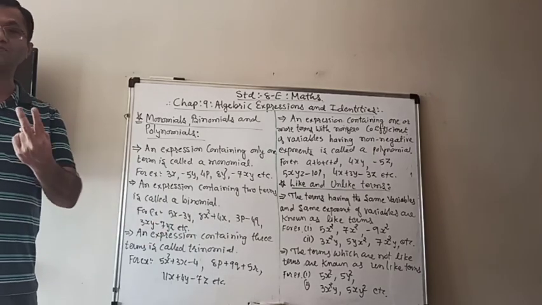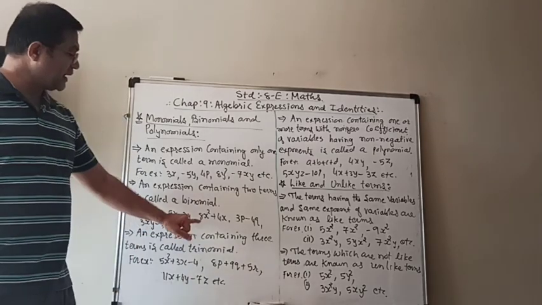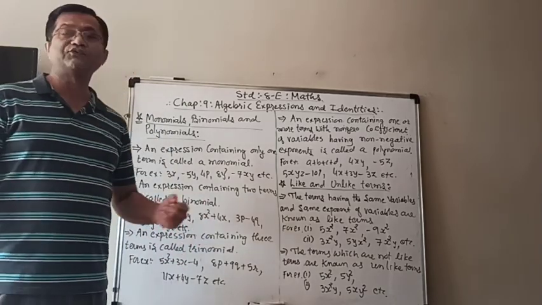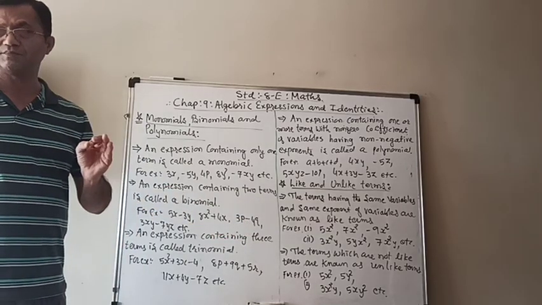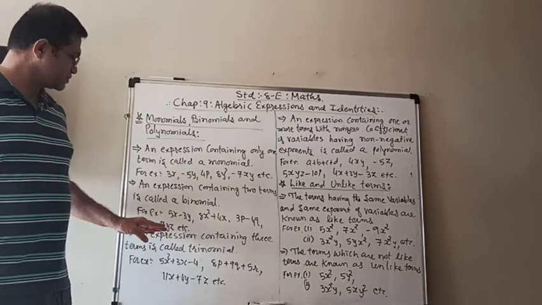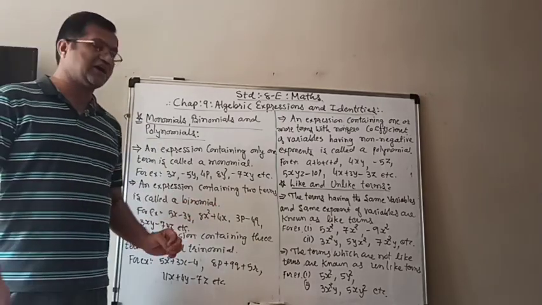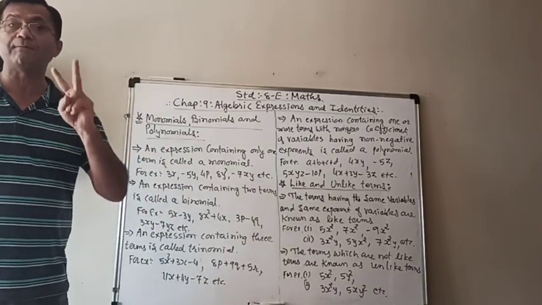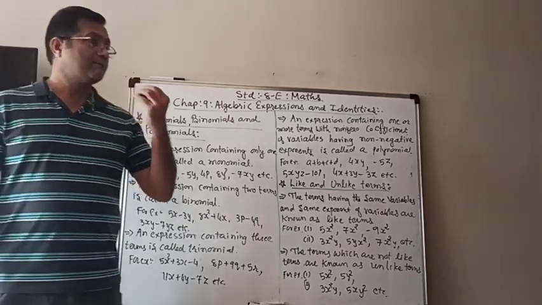This expression has two terms, 5x and minus 3y. 8x square plus 4x also has two terms, 8x square and 4x. 3p minus 4q has two terms, 3p and minus 4q. 3xy minus 7yz. All these expressions have only two terms, and therefore they are known as binomials. Mono means one, bi means two. So it is known as binomial.